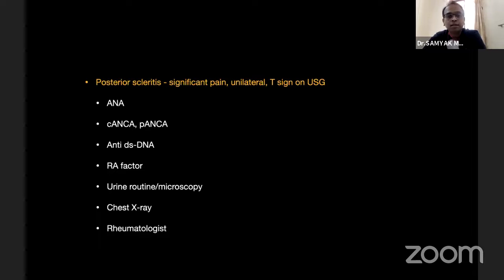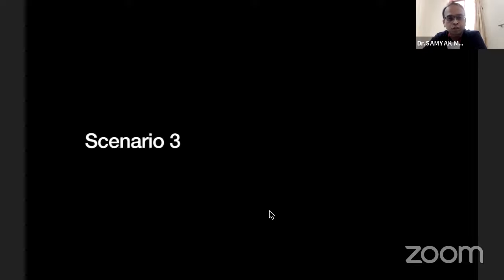Like was cited in the previous talks, evidence of pain or a T sign on the ultrasound can be quite suggestive of posterior scleritis, and that is the time when, in conjunction with your hematologist colleague, you will have to order all the other investigations like the ANA, CNP, NCAS, DNA, RA factor, and so on and so forth.